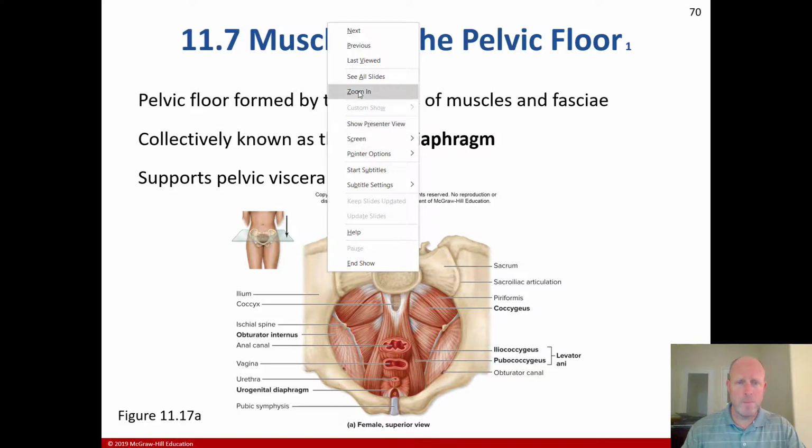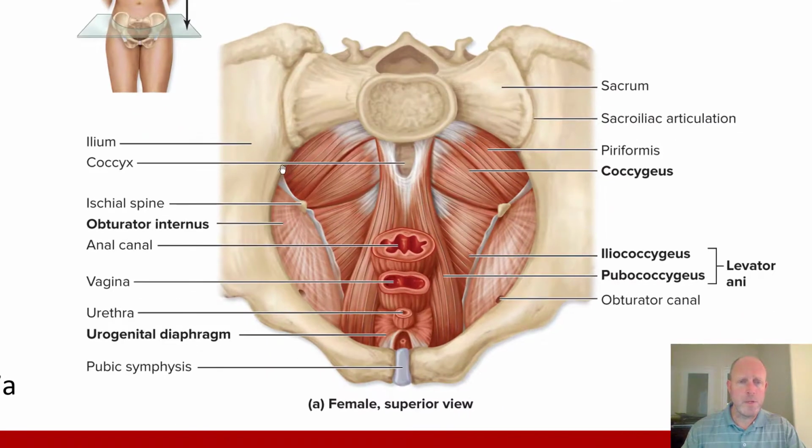Let's take a closer look here. So we have here our ilium, our coccyx, our ischial spine, obturator internus, our anal canal, vagina for the female, urethra, urogenital diaphragm, our pubic symphysis, the cartilaginous connection there, the sacrum, and the sacroiliac articulation.